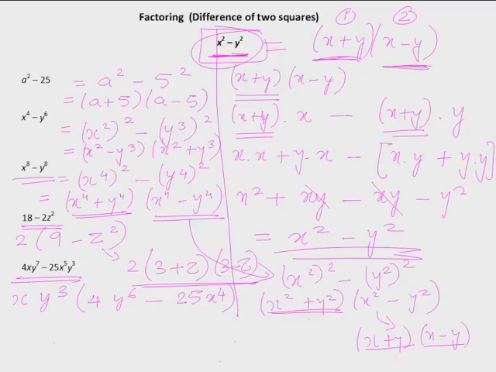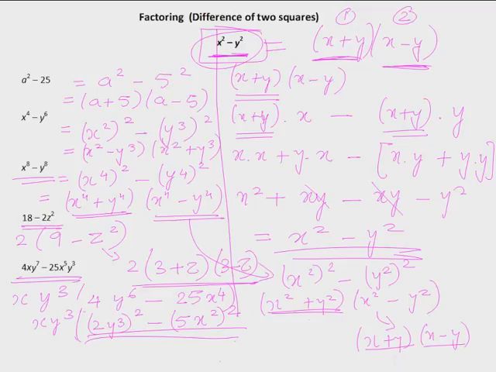Now these are differences of squares. 4y^6 can be written as (2y^3) squared, and 25x^4 as (5x^2) squared, with xy^3 hanging around outside. Now just complete it: you'll get (2y^3 plus 5x^2) into (2y^3 minus 5x^2).